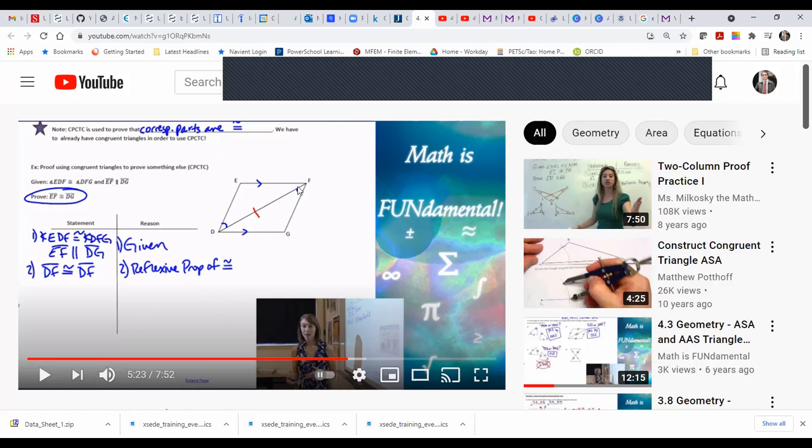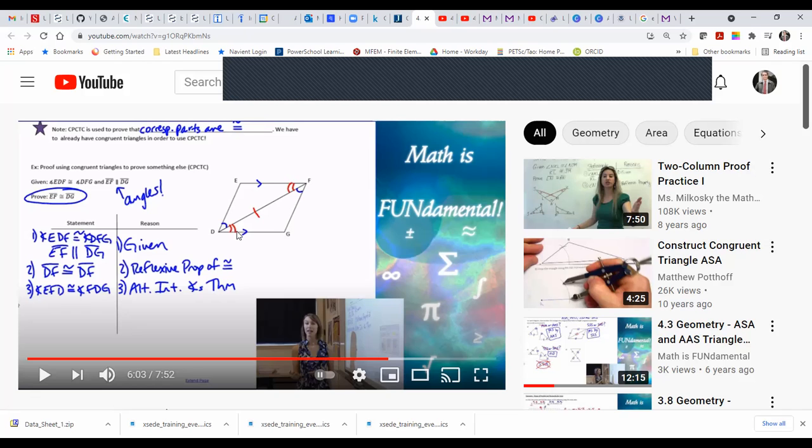I think first you need to prove that the two triangles are congruent, and then we can conclude that EF equals DG. This one uses the alternate interior angle congruent theorem. If this is parallel, this one parallel, so the alternate interior angle theorem says these two angles are congruent.